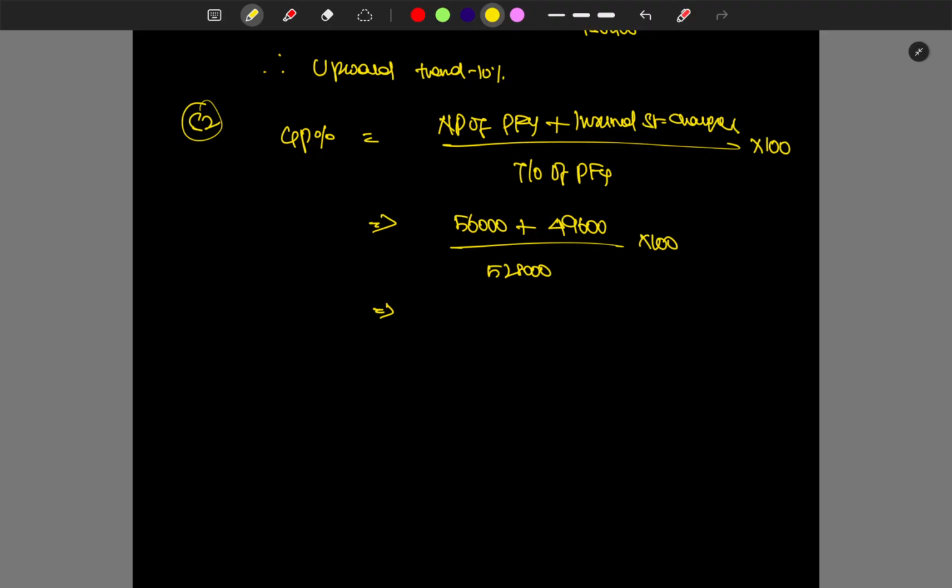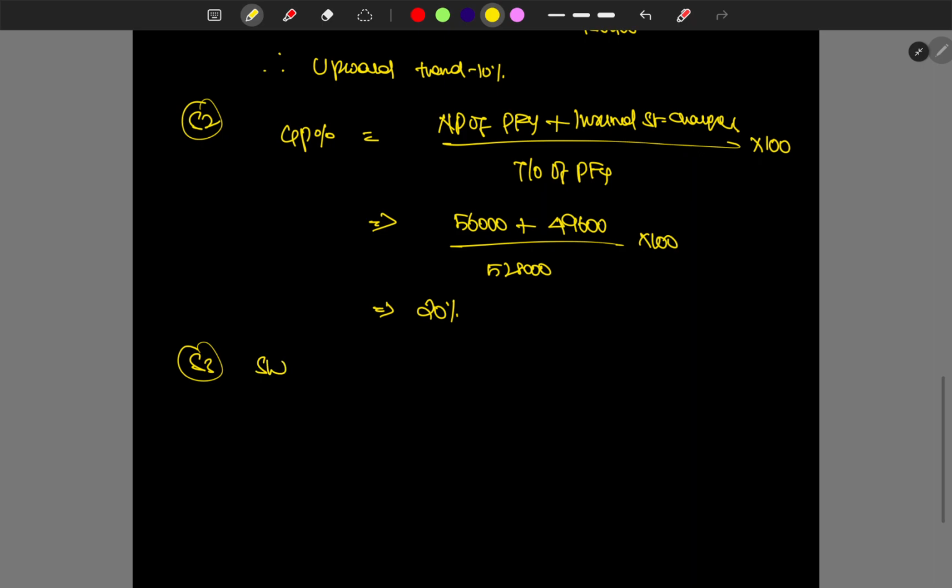Which is 20% gross profit. Step 3, which is standard sales adjusted with upward trend.